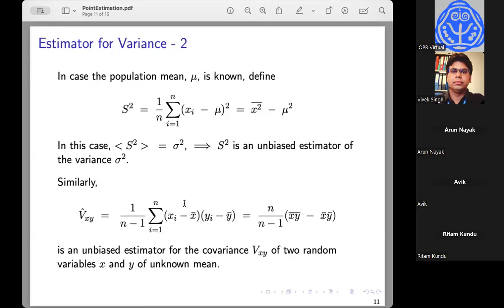And you can do this simple algebra to find this as n over n minus 1 times (xy average minus x average times y average). Now you can show again that this is an unbiased estimator for the covariance Bxy for the two random variables x and y, with unknown mean.